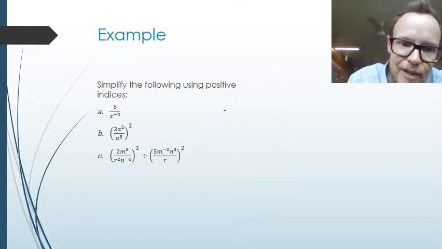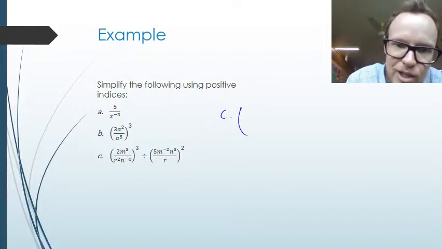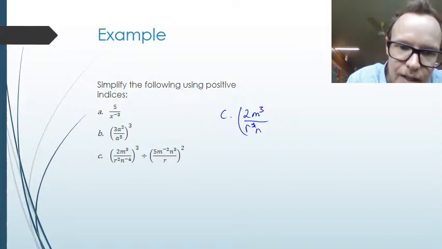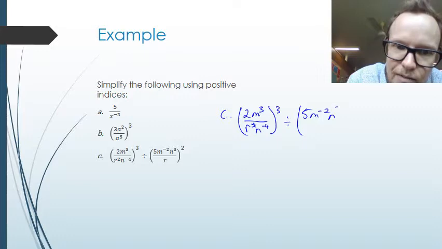So C, final question here, a much more challenging one that we're going to need to simplify: 2m cubed over r squared n to the negative 4, all cubed, divided by 5m to the negative 2 n cubed over r, all squared.